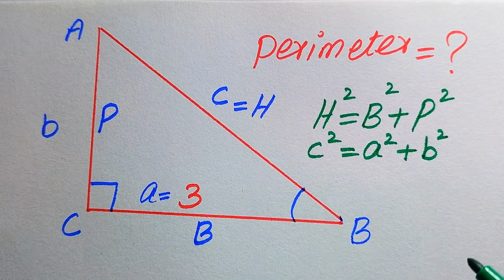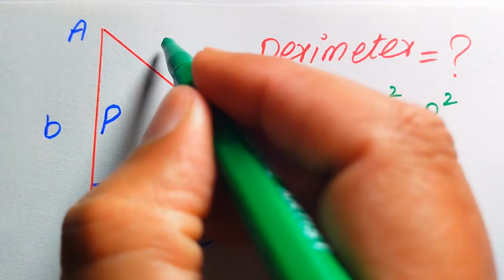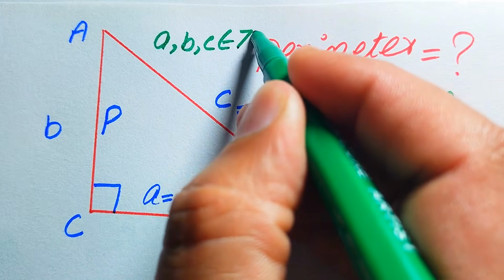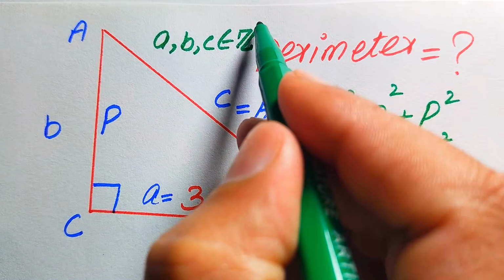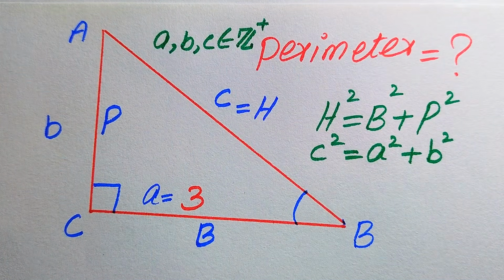Remember one thing: a, b and c are all positive integers. This means we solve this problem only for positive integer values of a, b and c, because the lengths of all sides of a triangle are positive.